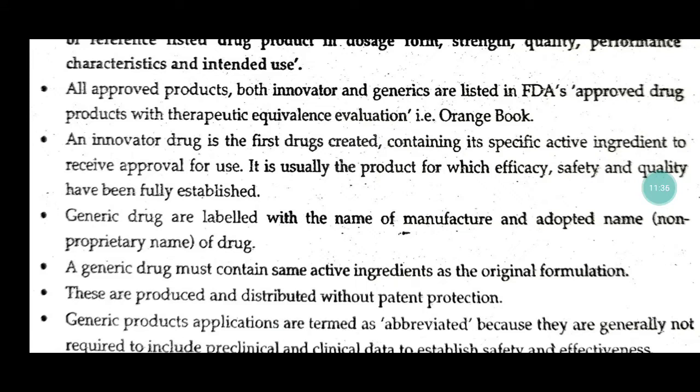So the generic drugs are labeled with the name of the manufacturer and the adopted name, the non-proprietary name of the drug, where the generic drug must contain the same active ingredients as the original formulation, and these are produced and distributed without patent protection.